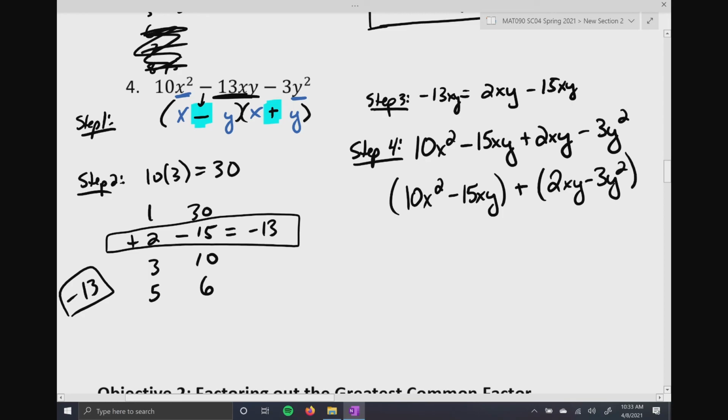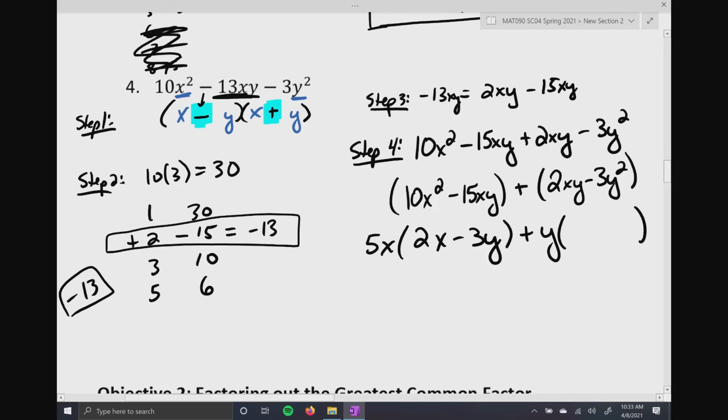Mini GCF time. I can definitely factor out, looks like a 5x. That's going to leave me with 2x minus 3y. Now, I really, really hope the second set of parentheses turns out to be 2x minus 3y. Like, I'm banking on that. What can I factor out? Looks like the letter y.